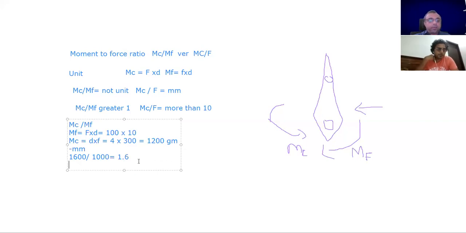So it's greater than 1. It's greater than 1, so it is a root movement, or torquing movement.